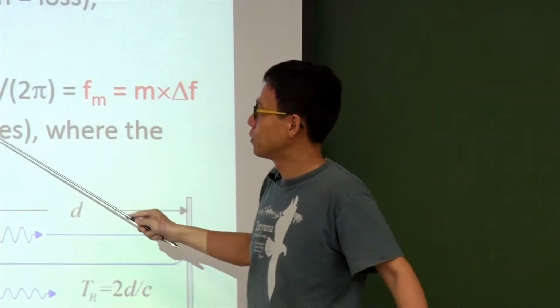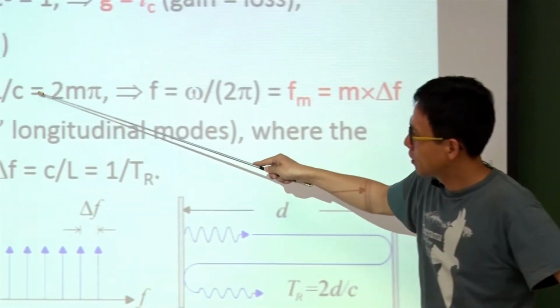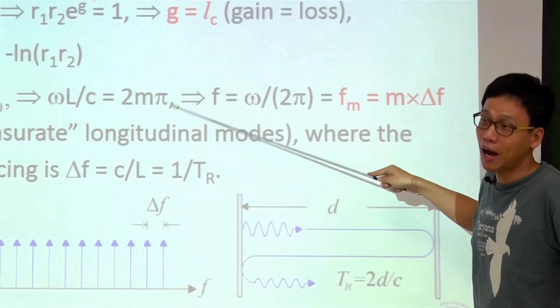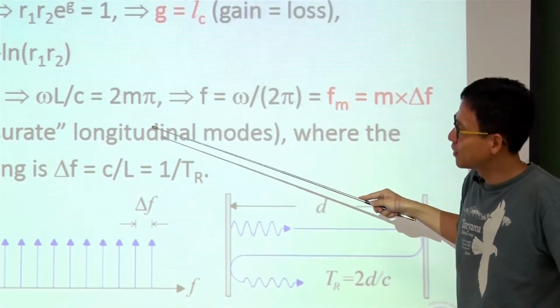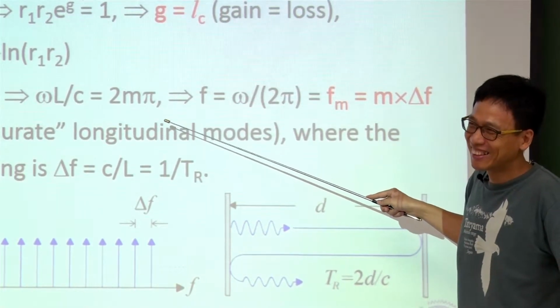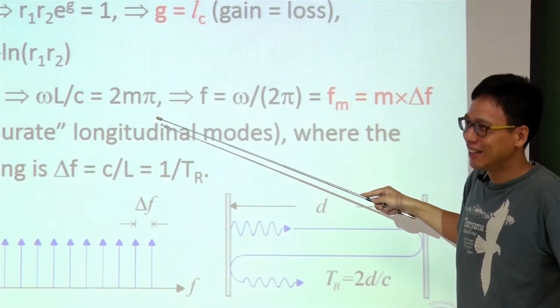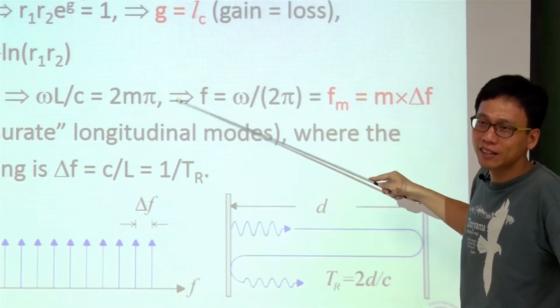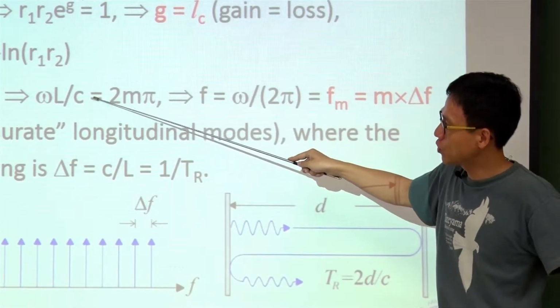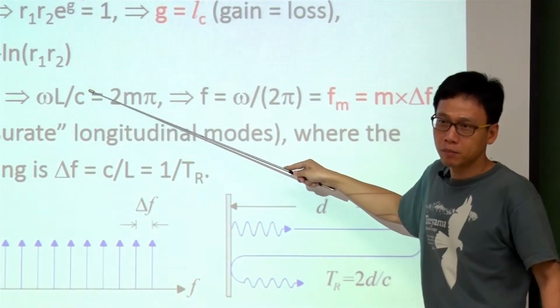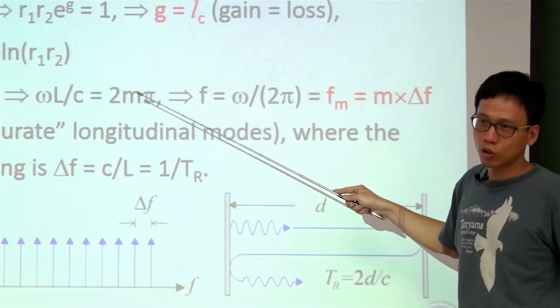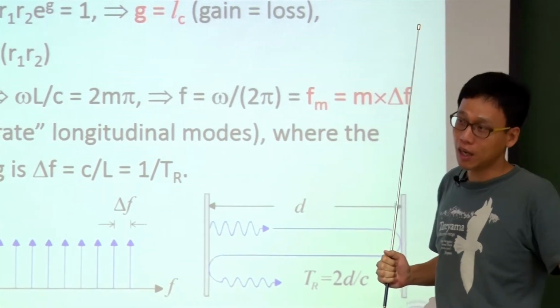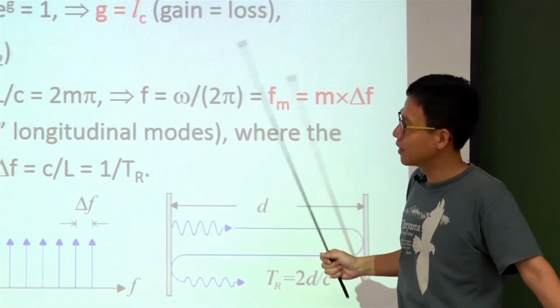Okay, so previously this one equals 2m pi. Now, what's the difference? You have some increment, right? Because the total phase shift is not just this one, but the total phase from R1 times R2. Okay?